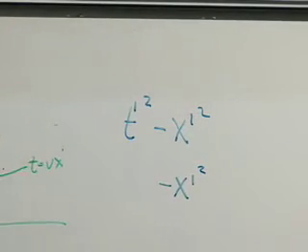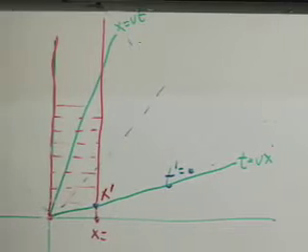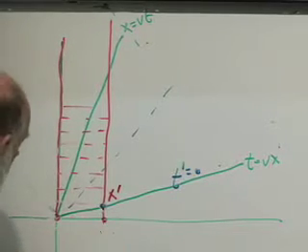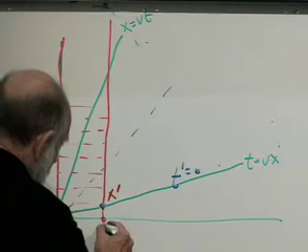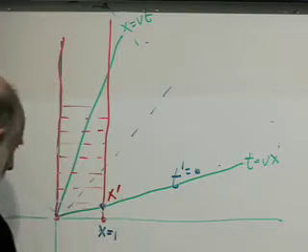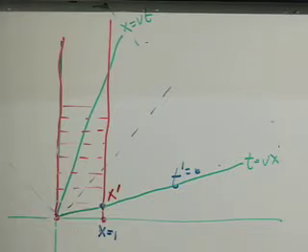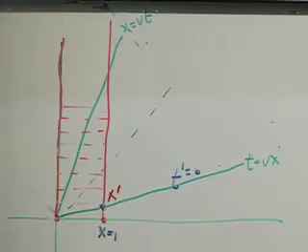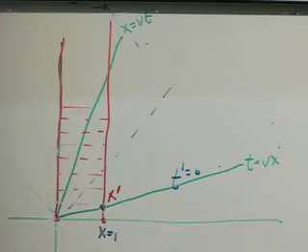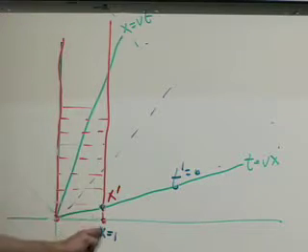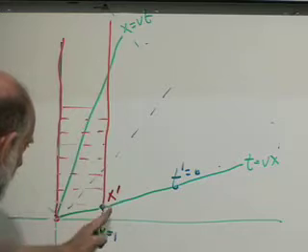On the other hand, let's find the unprimed coordinates of this point. This was supposed to be a meter stick, 1 meter long, so this corresponds to x equals 1. X equals 1 in the stationary reference frame, the stationary meter stick in the stationary reference frame is exactly 1 meter long. So this point corresponds to x equals 1, this whole trajectory here.